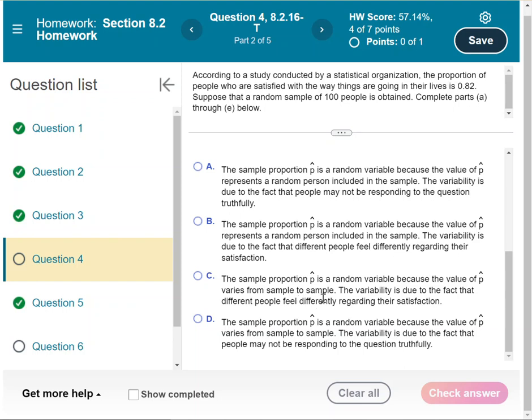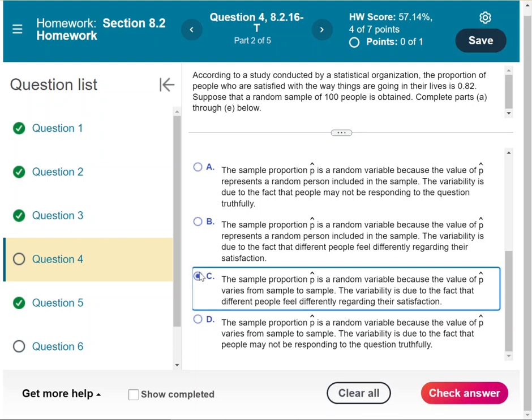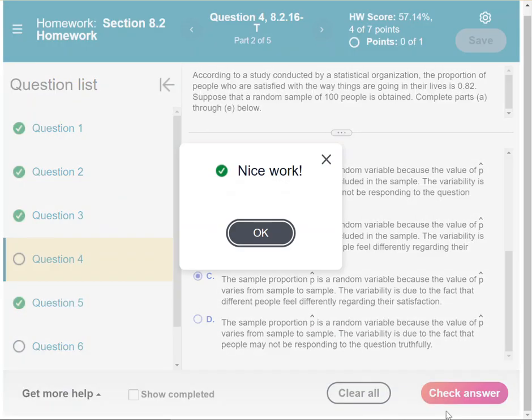That's what I was just saying. And the variability is due to the fact that different people feel differently regarding their satisfaction. You're picking different samples and you're going to have different people, and because of that there's going to be some variability. So C is going to be our answer here.